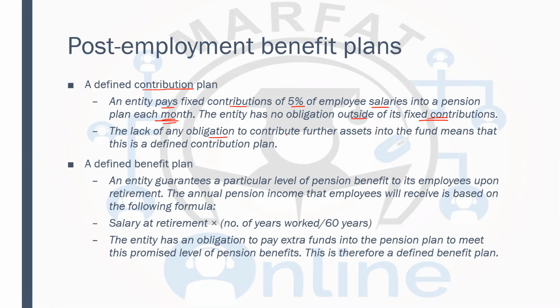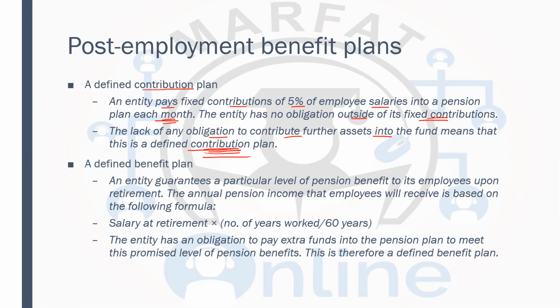The lack of any obligation to contribute further assets into the fund means that this is a defined contribution plan. This is a very important point, because in the exam, the examiner gives you a case study with different sorts of information, and they ask you, which plan is this? Is this a defined contribution or a defined benefit? We'll be doing an example as well.